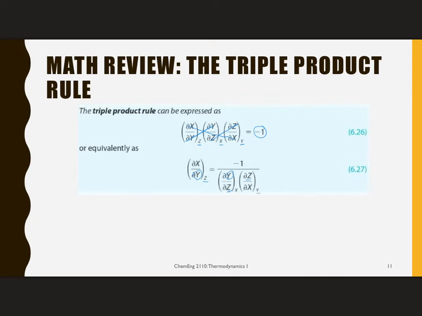So either one of these is a perfectly valid way of remembering this, but you do need to be able to use this in order to do some of our derivations that we're about to be looking at.